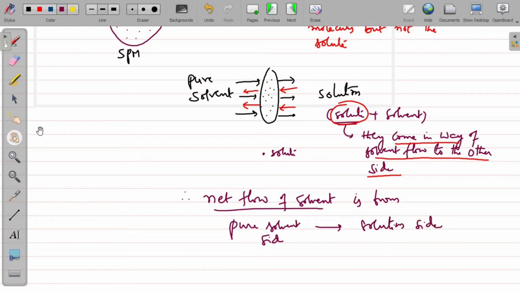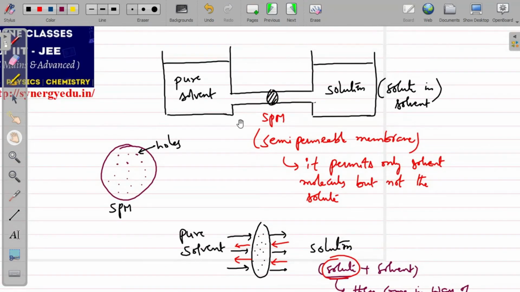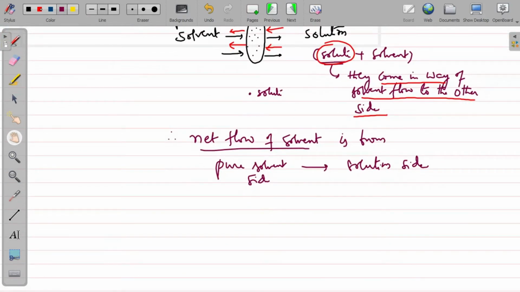If you observe this phenomenon, you will see that the level of pure solvent is coming down and the other level is going up, because there is a net flow from the pure solvent to the other side. This process of flowing of solvent from the pure solvent side to the solution side is called osmosis.